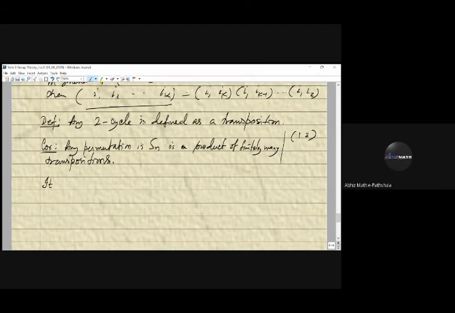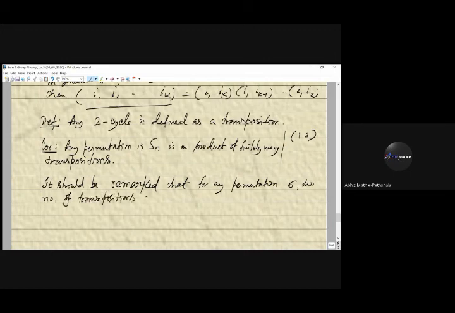And it should be remarked that for any permutation sigma, the number of transpositions which constitutes the permutation is unique.